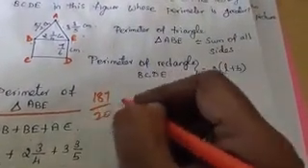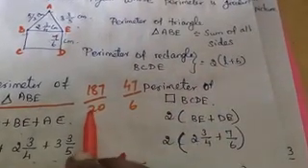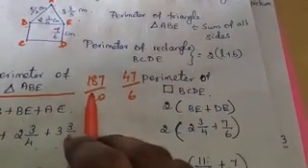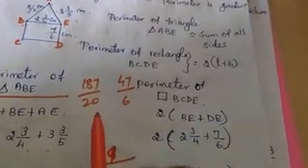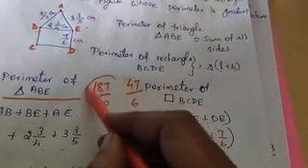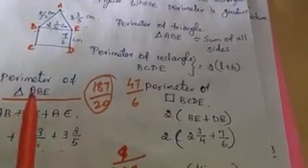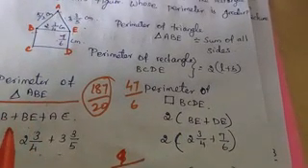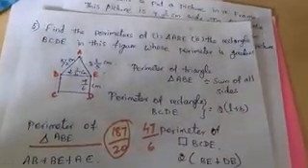You know how to compare fractions, which I already explained to you. If you make them like fractions and find which one is greater, automatically this becomes the greater one. So the perimeter of the triangle will be greater, right? I hope this sum is clear.